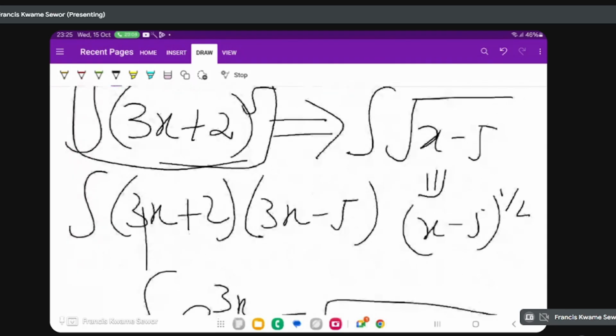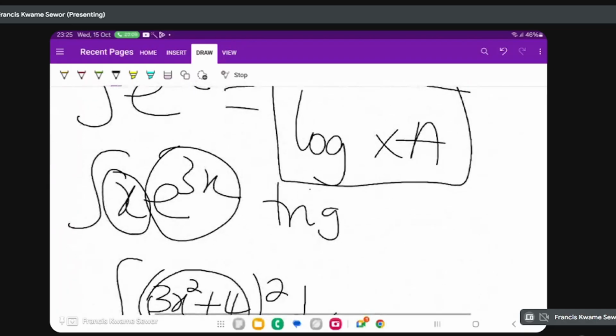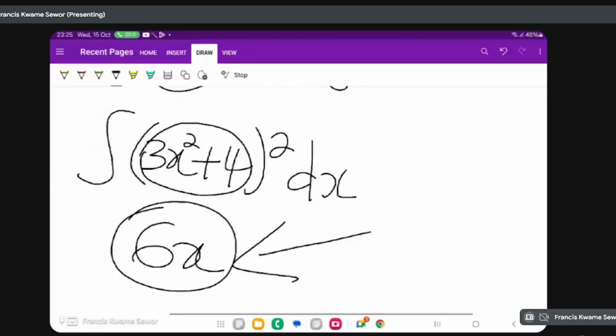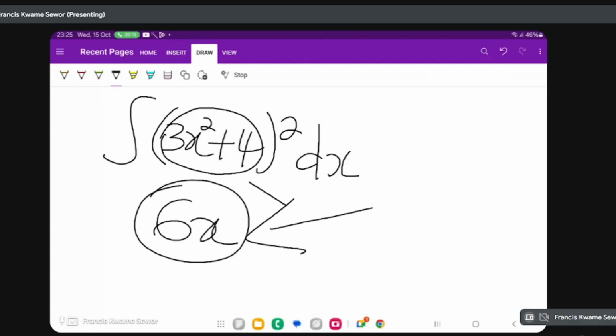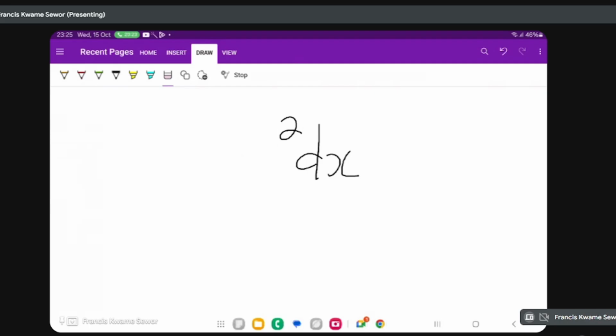All right, now let's go to the other scenario. So we understand that this particular one will not work, right? Marinos, why will it not work? Because for substitution, you have to get a constant after differentiating.